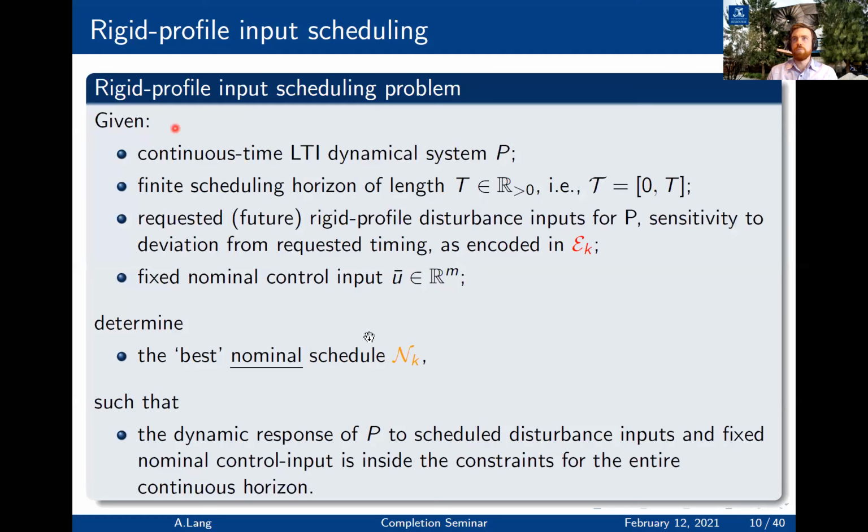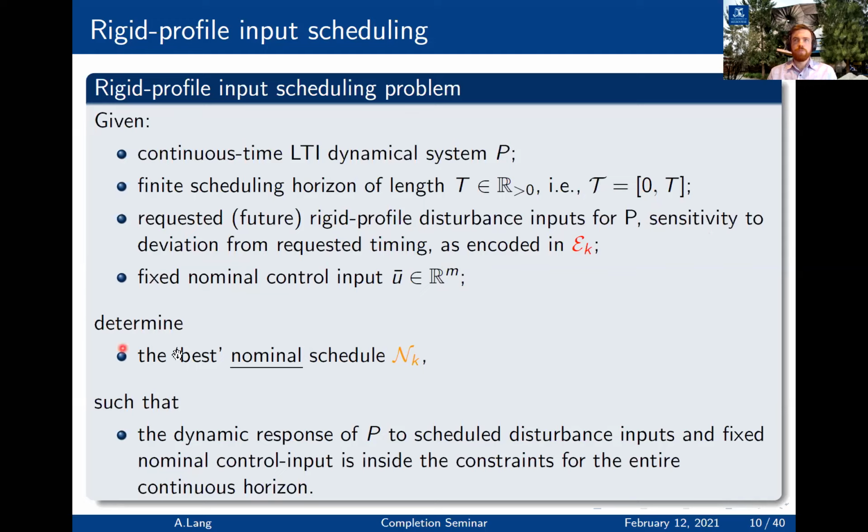The problem stated here with a bit more detail is, given a continuous time, linear time invariant dynamical system and a finite scheduling horizon of length t. So the scheduling horizon is now this continuous interval between 0 and t. We're given that set of information about the environment, so the rigid profile disturbance inputs and the sensitivity to deviation from the requested timing, as we've encoded in this calligraphic E. And we're also given a fixed nominal control input.